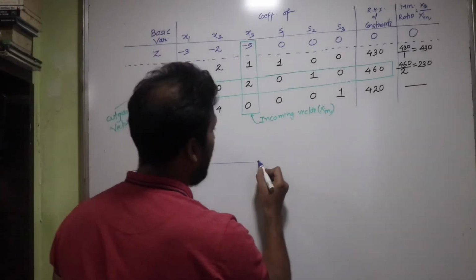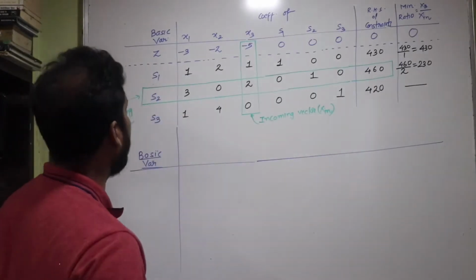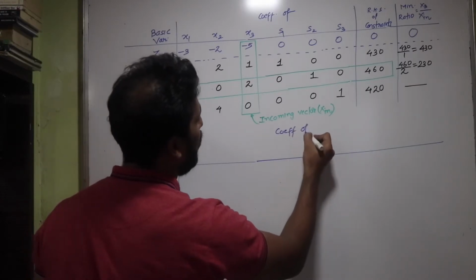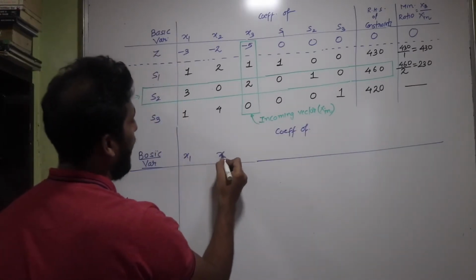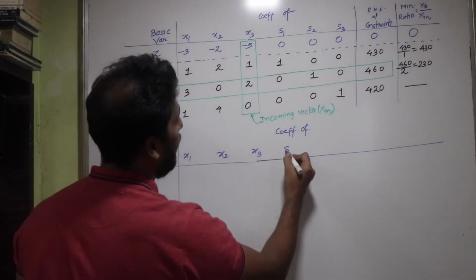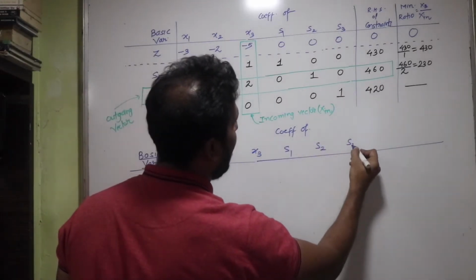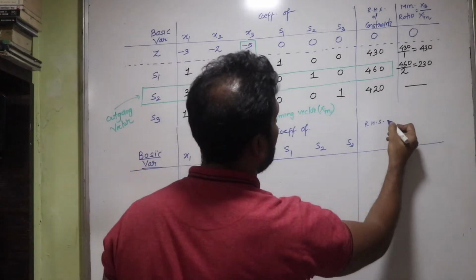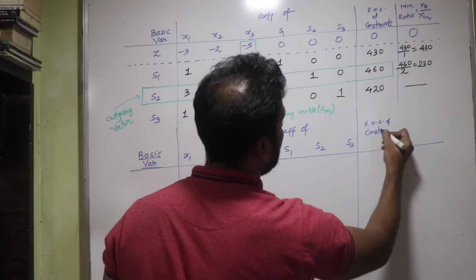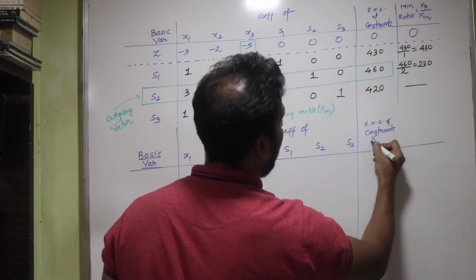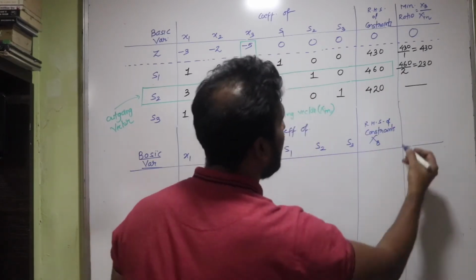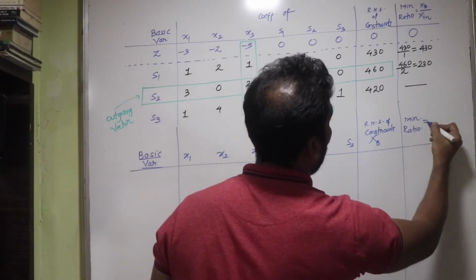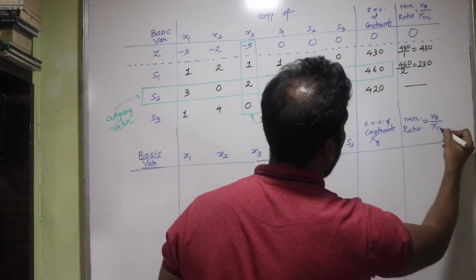Then you write the coefficient of x1, x2, x3, S1, S2 and S3. Then proceed ahead with the RHS of the constraints, which is going to be XB, and then obviously you'll be getting again the minimum ratio, which is given by XB upon XIN.